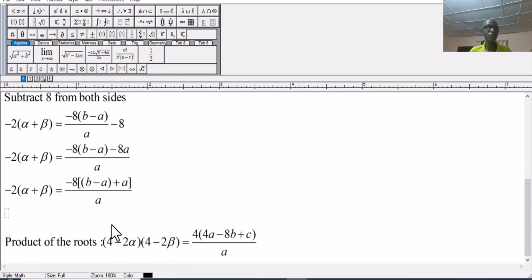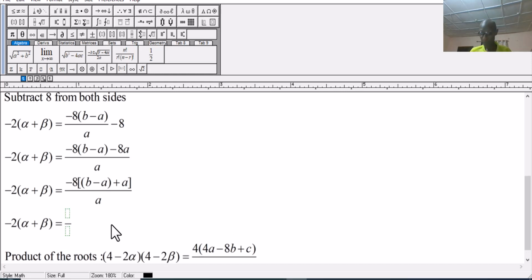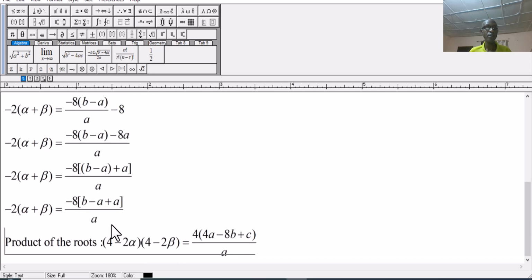So what I have here, I can still work on this. Minus 2 into alpha plus beta equals, if you open up that bracket, minus 8 times (b minus a plus a) over a.